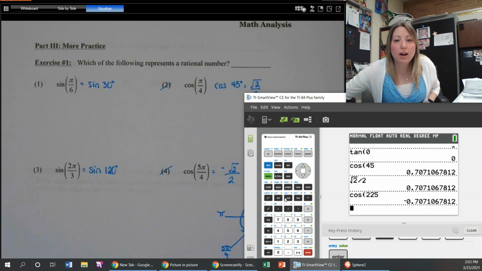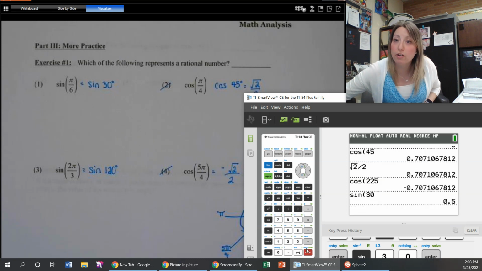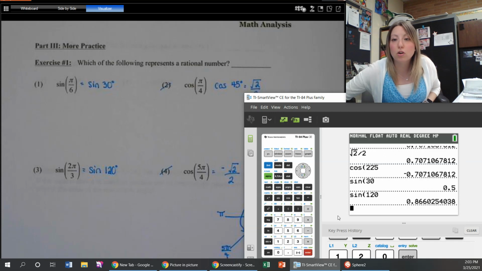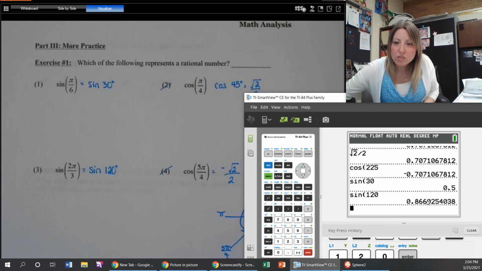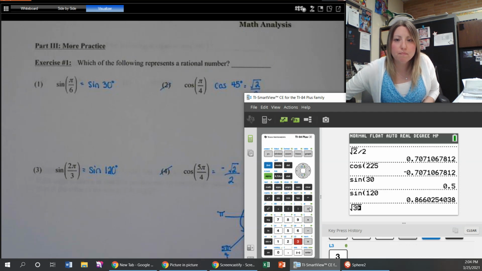And you can just check that out real quick, that sine of 30 is going to give you 1/2. There's a rational number. But the sine of 120 is going to give you negative, sine in quadrant 2 is positive, my bad. Positive 0.866, right, which we know to be radical 3 over 2.